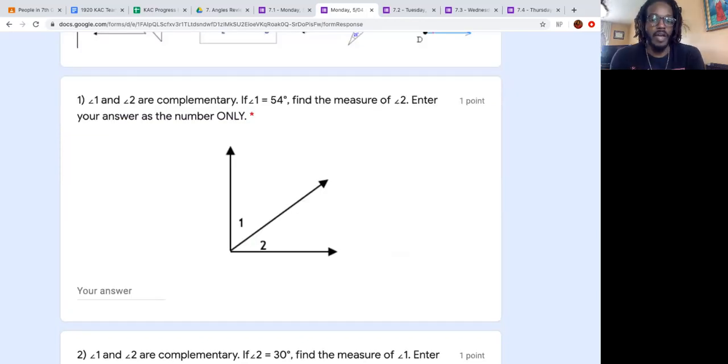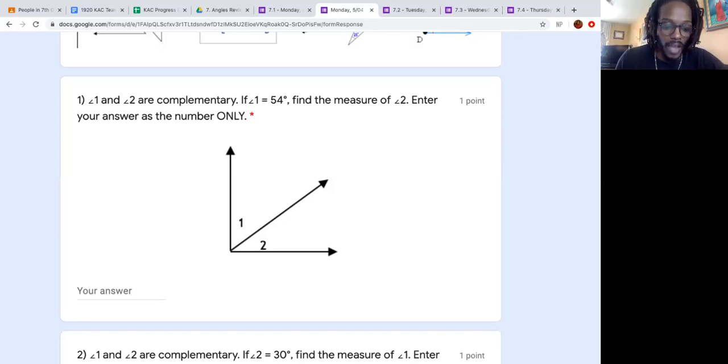So when you're thinking about complementary, you need to just lock this in your brain. Complementary means that the angles total 90 degrees. So when you know that angle 1 and 2 are complementary and angle 1 is 54 degrees, angle 2 has to be the number that when added to 54 equals 90. So one way to think about this is I can use the algebraic or arithmetic method.